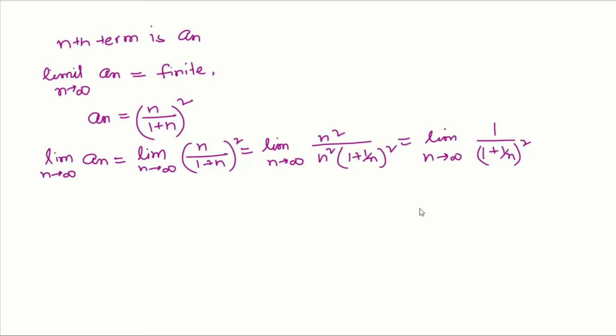As n tends to infinity, 1 by n is 0, so this value is 1 upon 1 square, that is 1, which is finite. So the limit of a_n is finite, and this type of sequence is known as a convergent sequence.